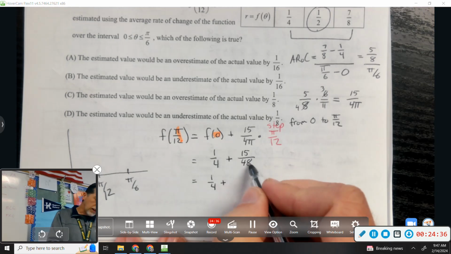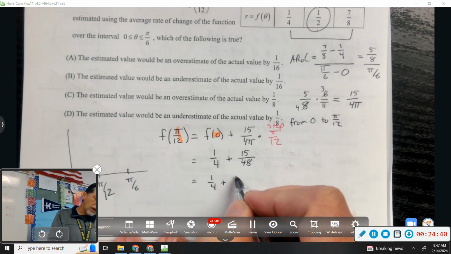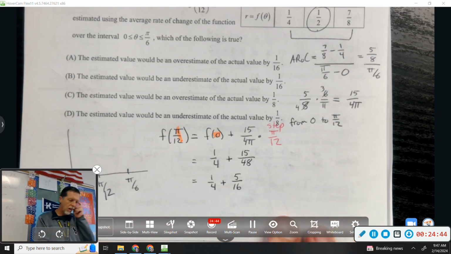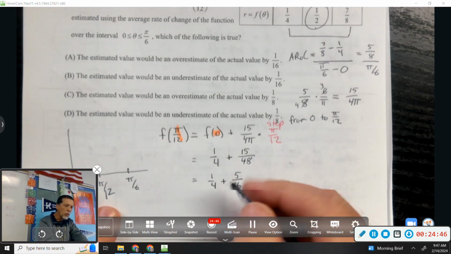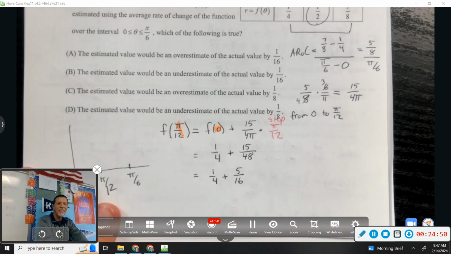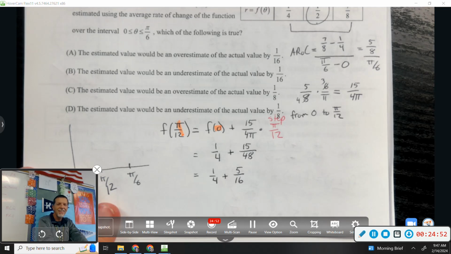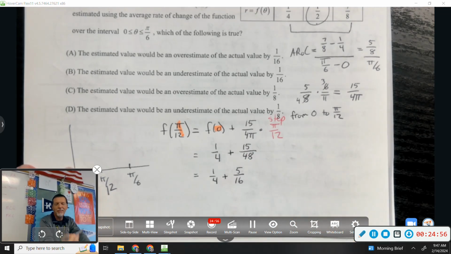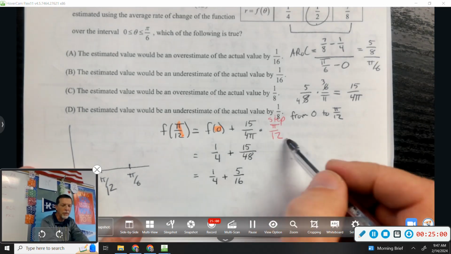Let's see, divide by 3, yes, 5/16. I should have reduced the 15 and the 12 to start with, and I would have landed at 5/16. So either way, but yes, that would have been a smarter way to go.